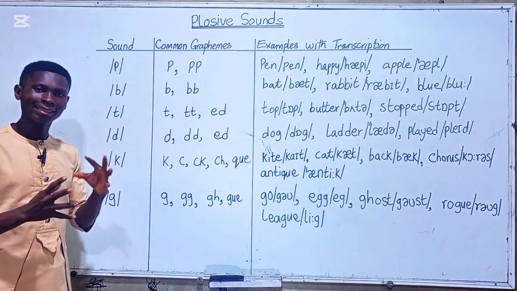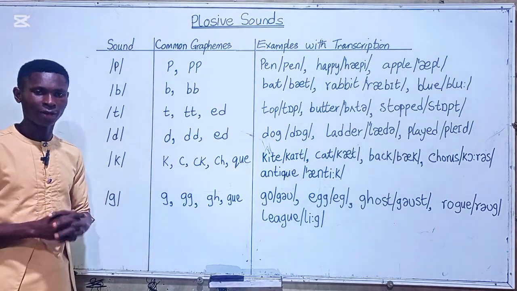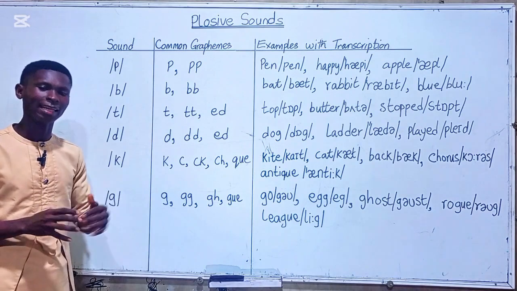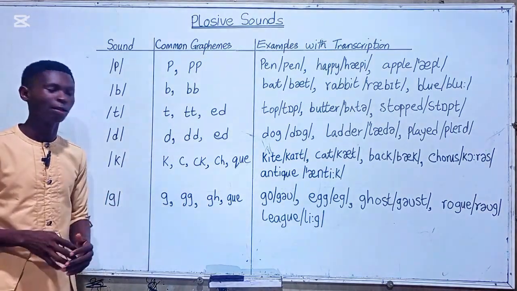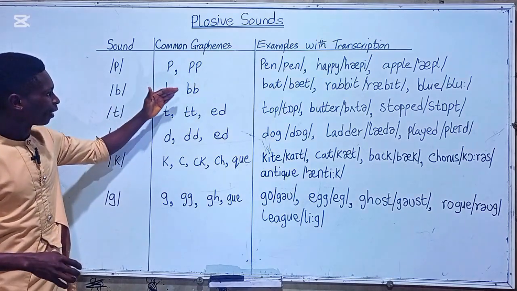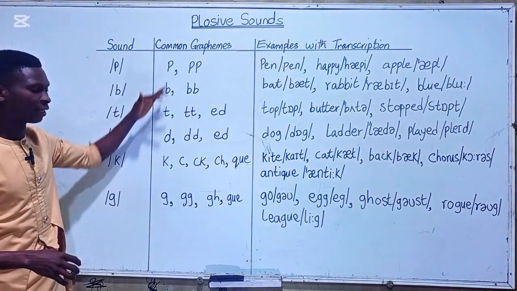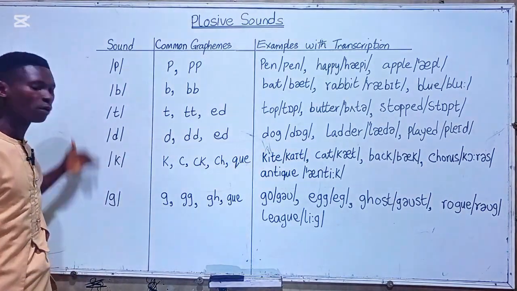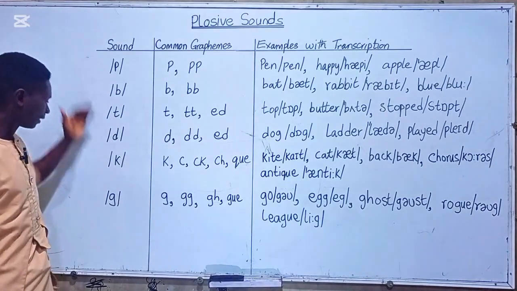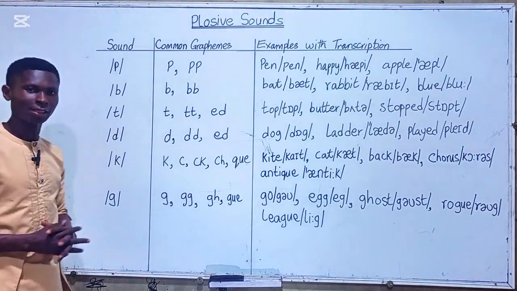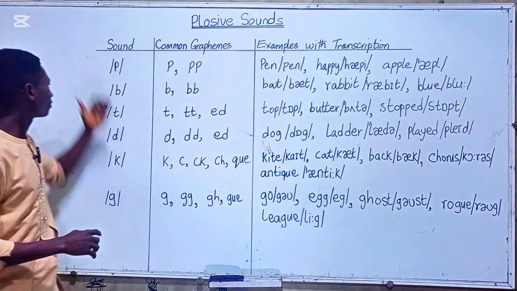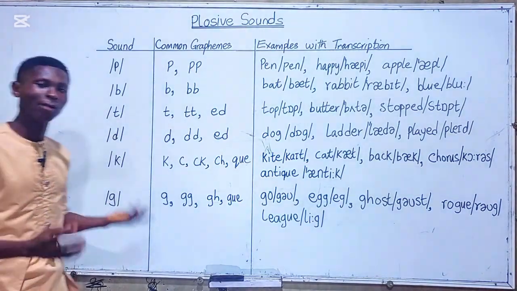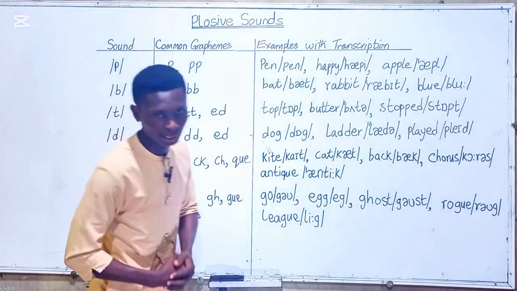So don't guess sound, rather confirm if that is the actual sound we have there. But as a matter of fact, these are the graphemes that can suggest these phonemes, these 6 plosive sounds of the English language. So this group of sounds, these 6 sounds, are known as stops in English.